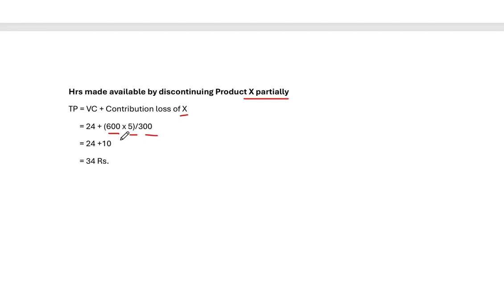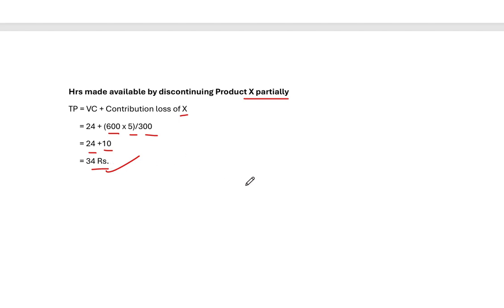If we calculate, we will get 10 rupees and variable cost is 24. Total transfer price we will get is 34 rupees. If labor hours available are 5600 hours, the transfer price for product Y will be 34 rupees.